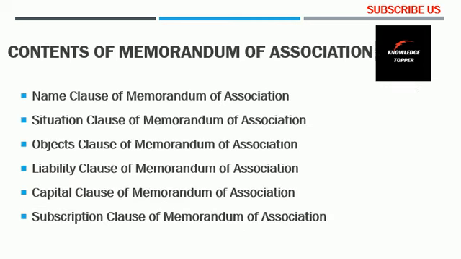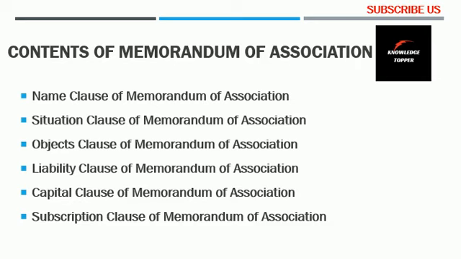These are the contents of Memorandum of Association. If we talk about the name clause, the name of the company should be stated in this clause. A company, though it is free to select any name it likes, should not use a name identical or similar to that of a company already registered.